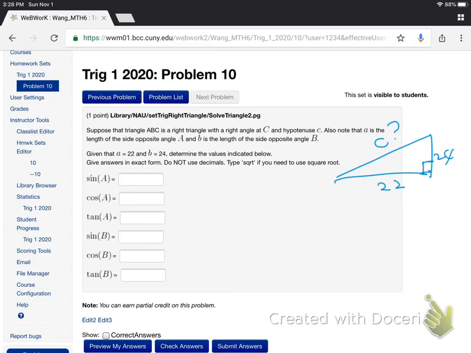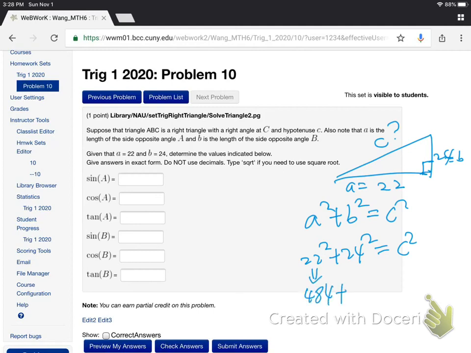So here is A and B, C. A squared plus B squared is C squared. So it's 22 squared plus 24 squared is C squared. What is 22 squared? This is 484, plus what's 24 squared? 24 times 24 is 576.